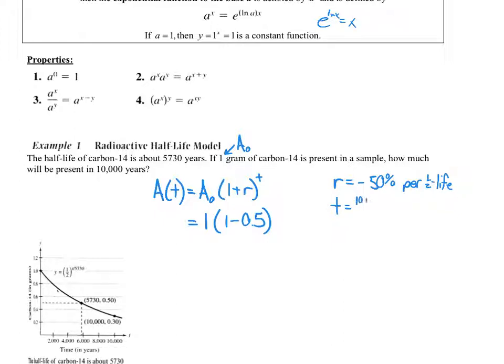If I do 10,000 years divided by 5,730 years per half-life, my years will cancel, and if I flip that, I'll get half-lives as my unit of measure.